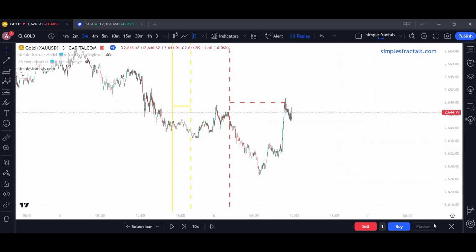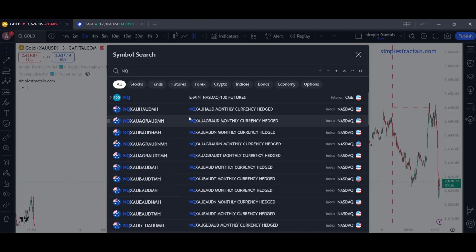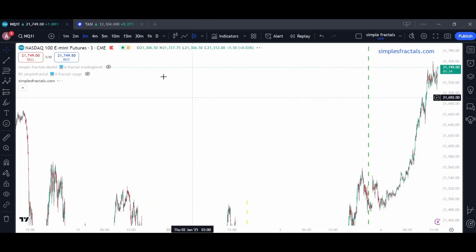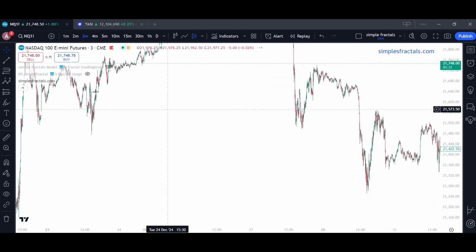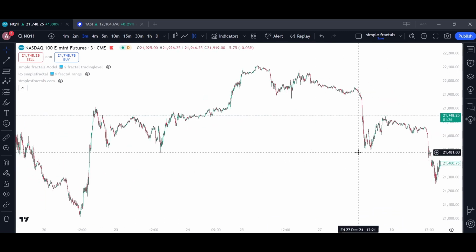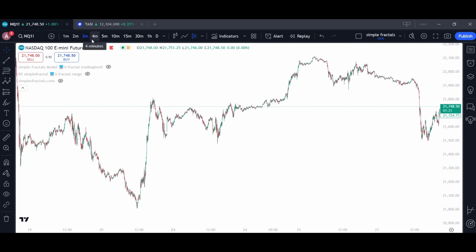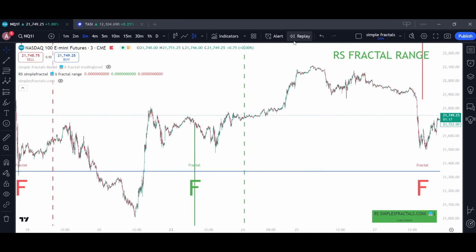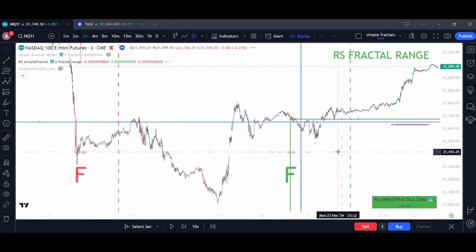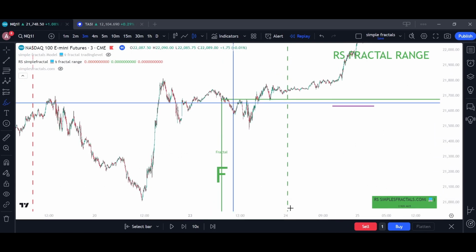Now let's move to the RS analysis indicator. We can start with the NQ Nasdaq futures chart. Right here, if we focus on this wave, you'll see that when we turn on the RS indicator, and of course we need to go back right here so we can have a live setup, first of all we see this F, meaning fractal.